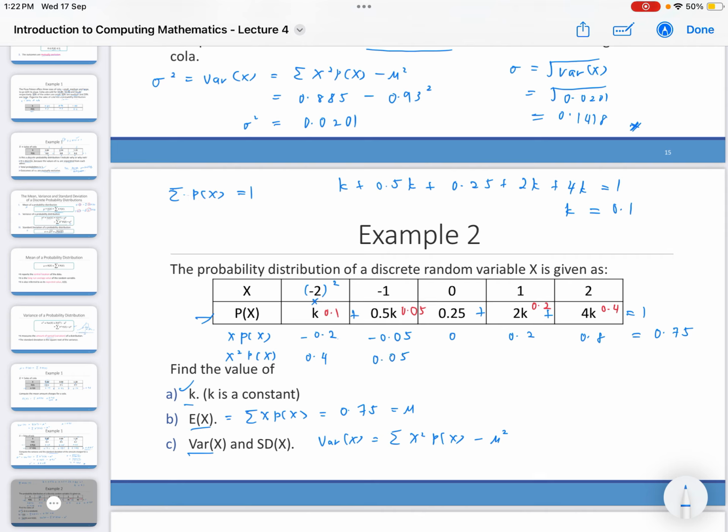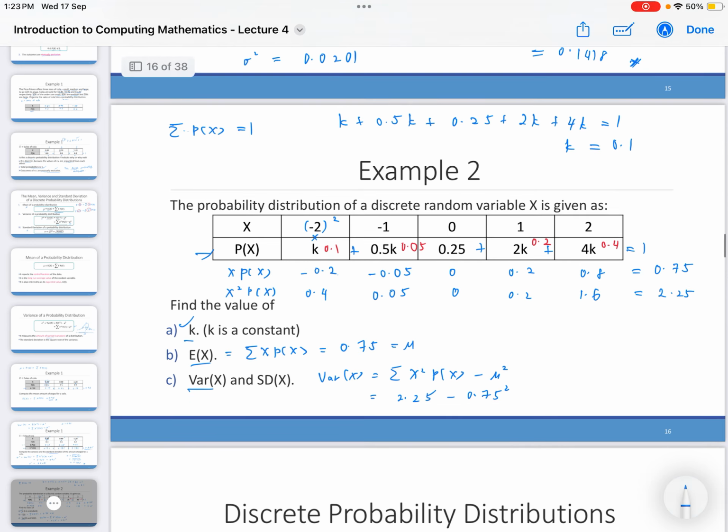This one is 0.05. Over here is 0. Here is 0.2. Here is 1.6. And then again we add everything here, we get 2.25. So this is equal to 2.25 minus 0.75 squared. The variance is equal to 1.6875.